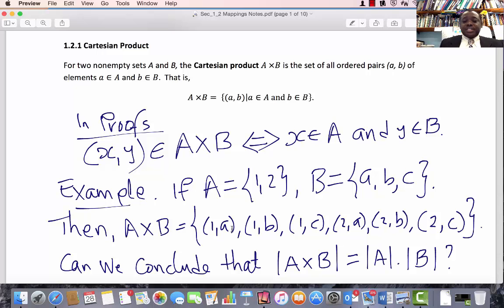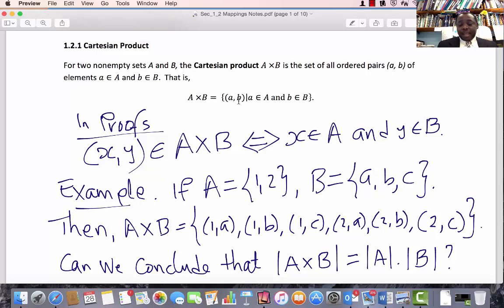We introduce this concept starting with the definition of a Cartesian product. For two non-empty sets A and B, the Cartesian product is the set of all ordered pairs (a, b) of elements where a is an element of A and b is an element of B. So we define the cross product, or the Cartesian product, A × B = {(a, b)}.